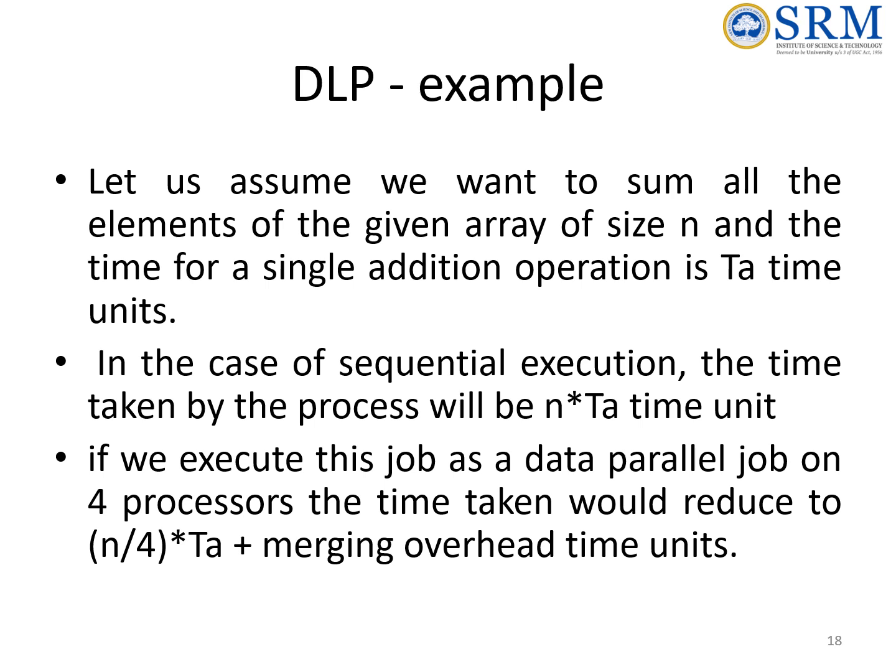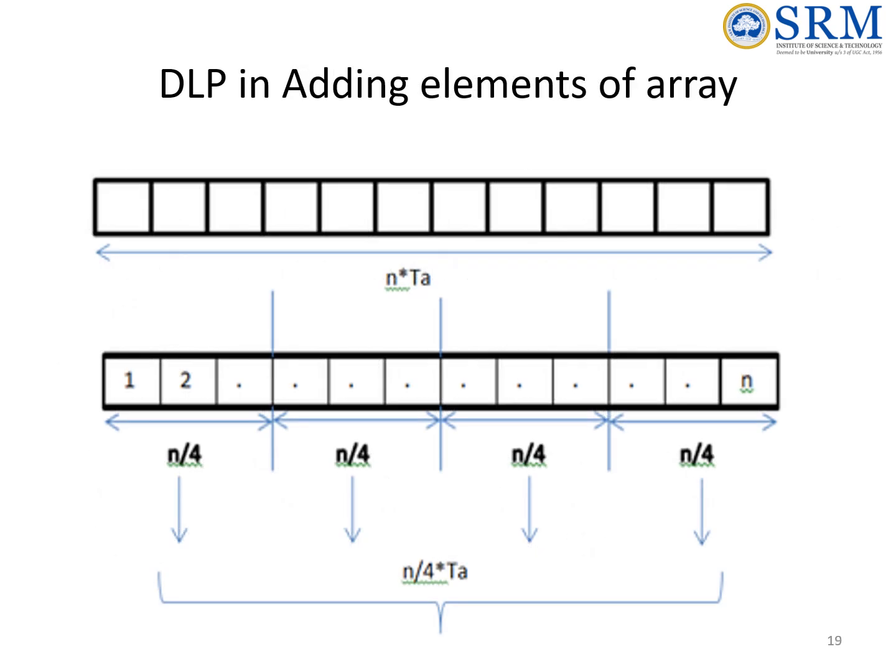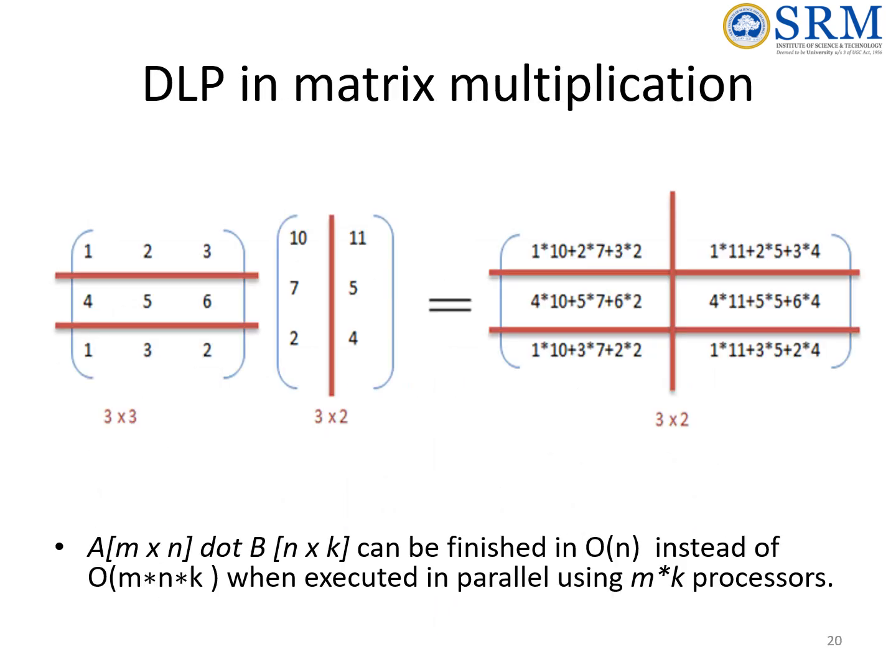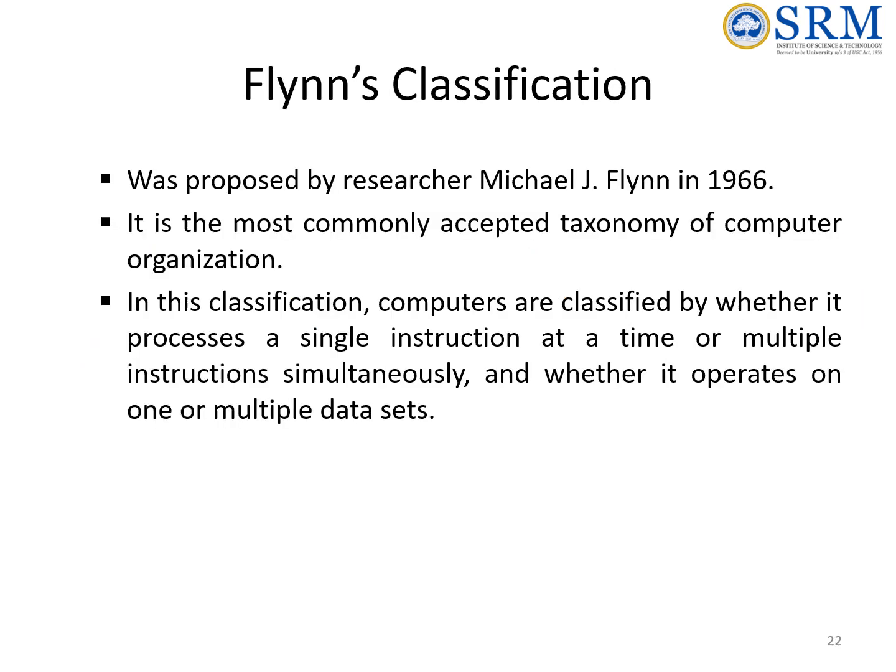If we execute this job as a data parallel job on 4 processors, the time taken would reduce to n by 4 into TA, plus merging overhead time. In DLP, in matrix multiplication, each multiplication can be done separately on a parallel processor, so it will be reduced in 1 by 6 time.